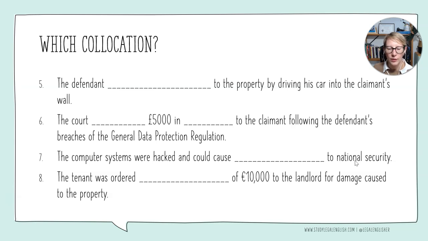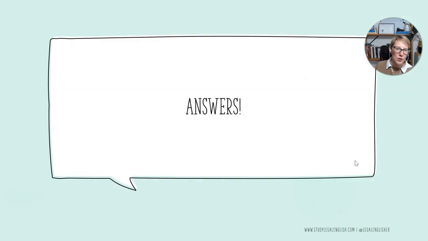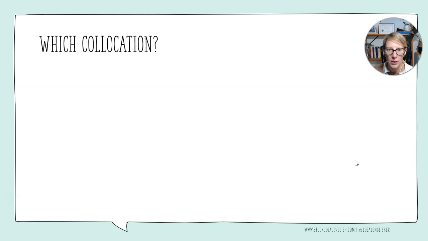So, if you need to go back and do them again in your own time, just rewind the video, of course. So now let's have a look. We're going to look at the answers. It's now time for the answers, so you can mark whether you got them correct or not.